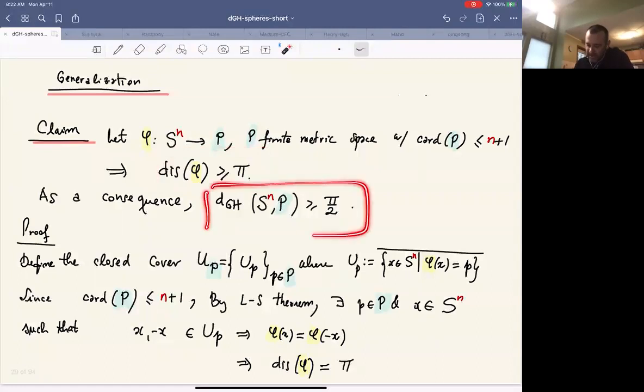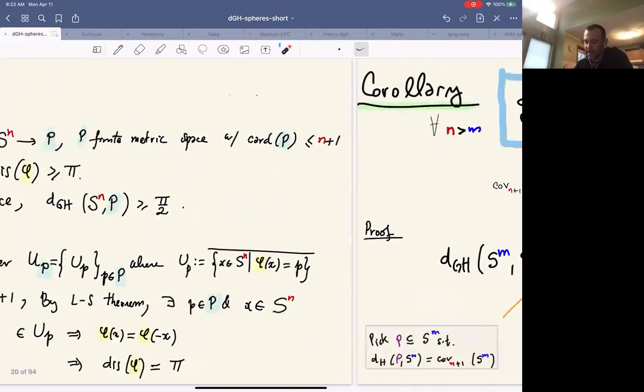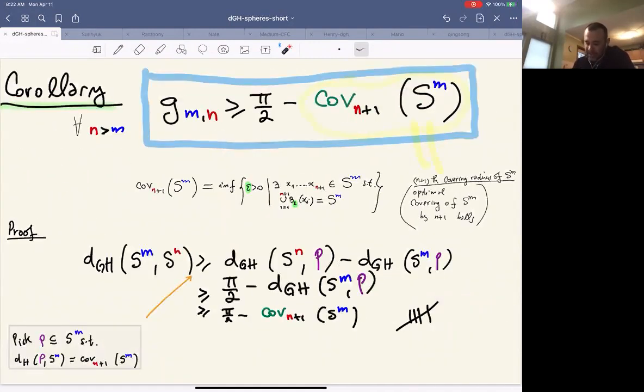But this leads to an interesting general lower bound for the distance between any two spheres. If n is an upper bound for m, then the claim is that d_GH(S^m, S^n) is lower bounded by pi/2 minus the covering radius of S^m with parameter n+1. This means that you look at the infimal epsilon that you can use to cover S^m with n+1 balls of radius epsilon.